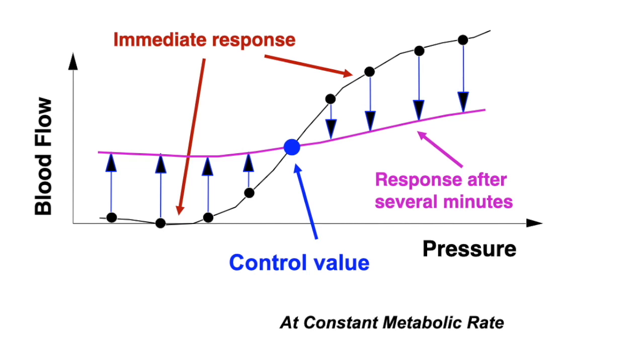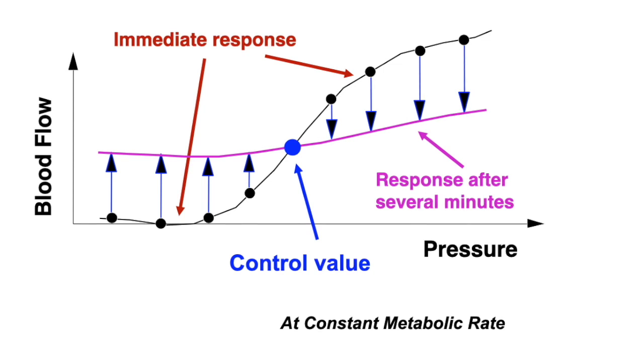Now picture a sudden increase in pressure. So the pressure increases. Now be the pressure pushing blood through that segment of a small vessel, arterial, something with control built in. That pressure goes up initially to that top curve, the black curve.